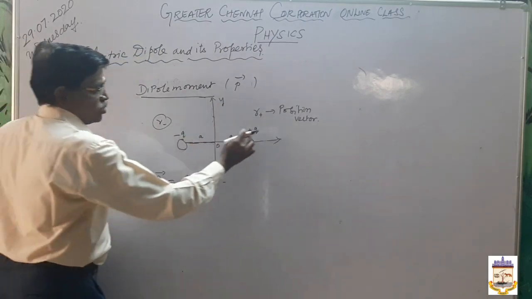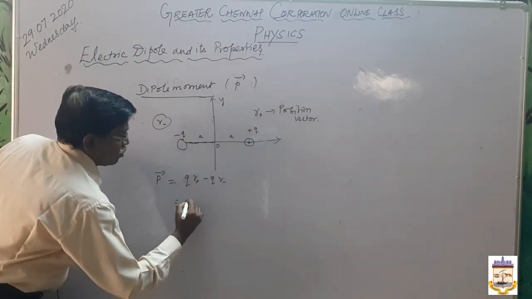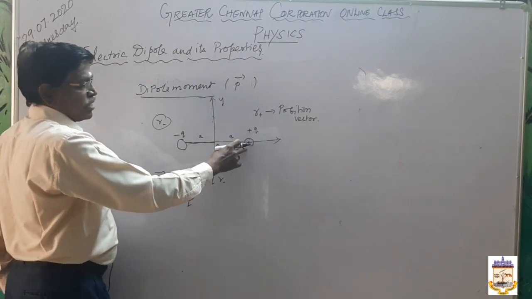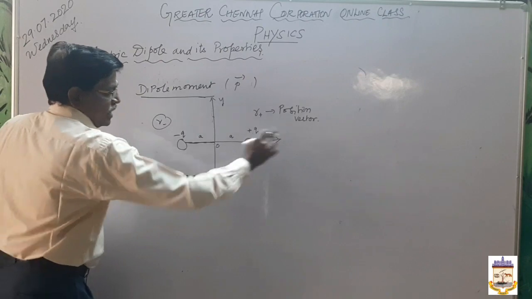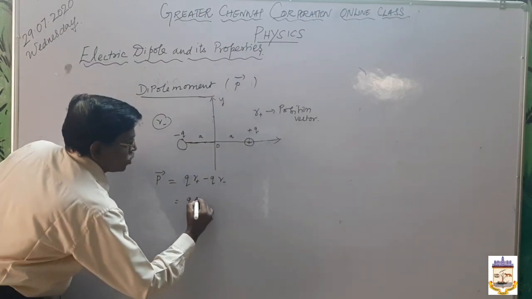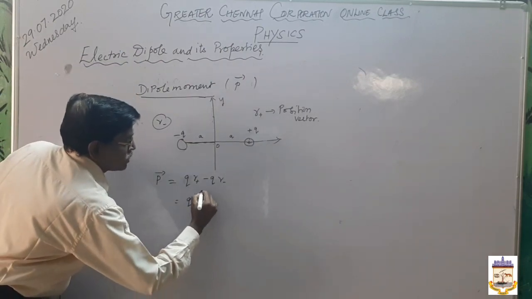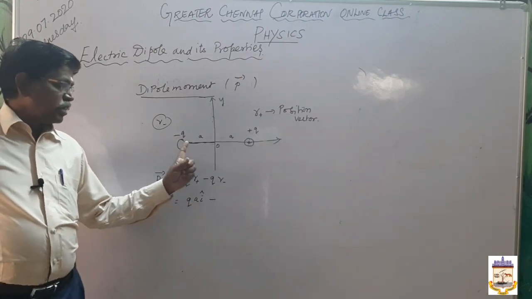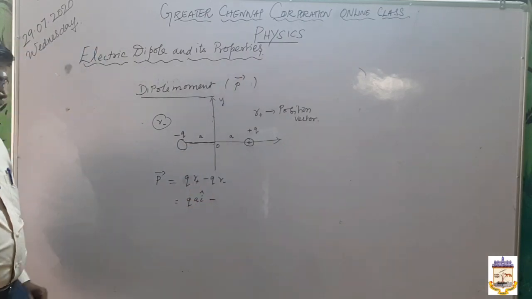So how to find the position vector? We know the magnitude, otherwise known as distance, into the direction. What is the direction? It is positive x, so a into i cap. I cap represents the direction of the positive x axis.